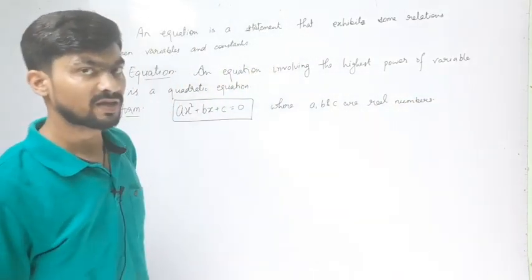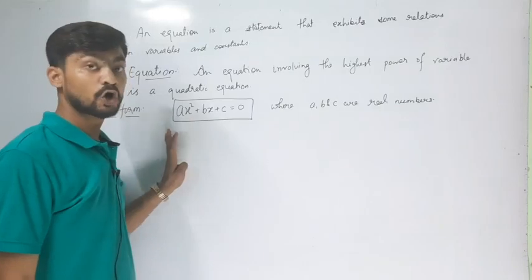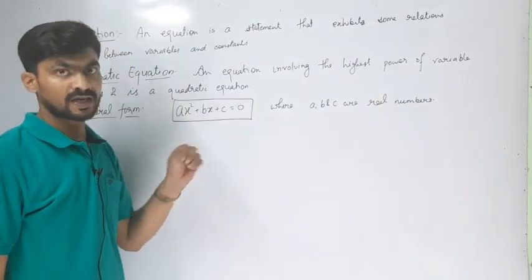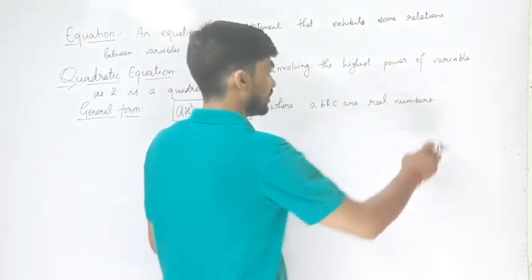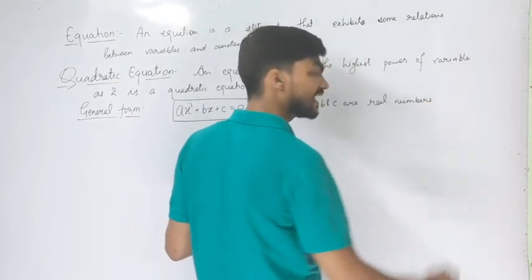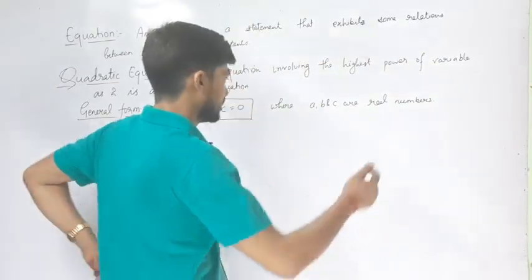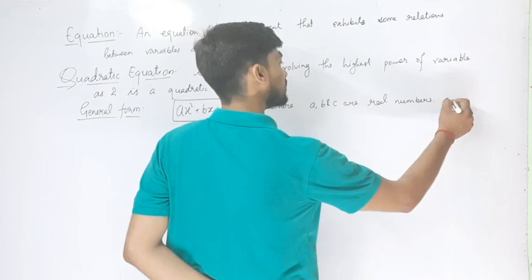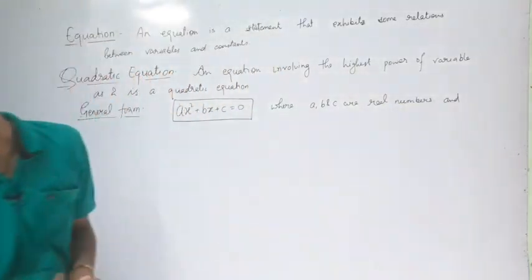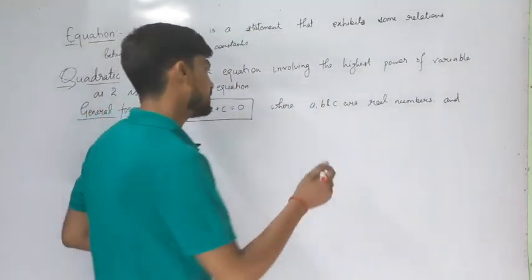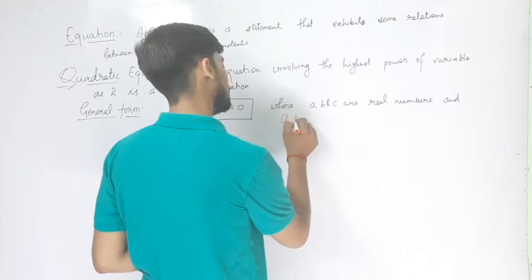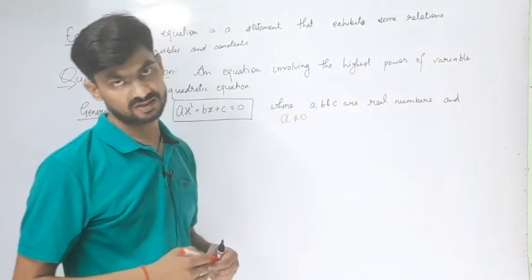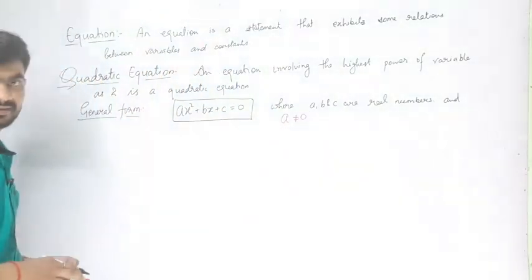Mostly they are given integers or natural numbers, but we have to take care of one thing, and a must not be 0. This is a crucial condition or important condition.